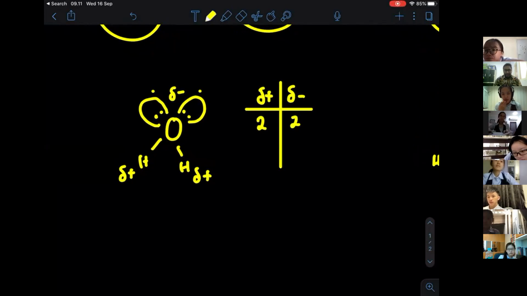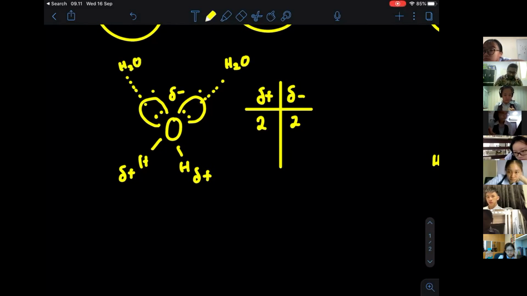It means that each of these delta negative can be bonded with H plus of another molecule. Let's say if I put H2O and then H2O, they are bonded to H plus.